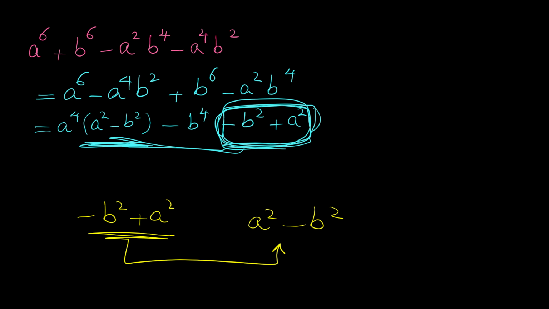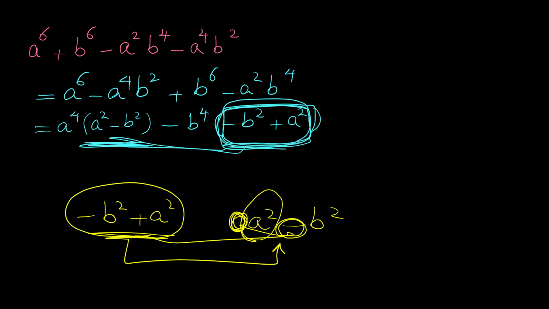It's a better idea to write the term with positive coefficient first, then put the negative in the middle. This is the same as this, but which one looks better? a^2 minus b^2 or negative b^2 plus a^2? Which one is better? Of course a^2 minus b^2.